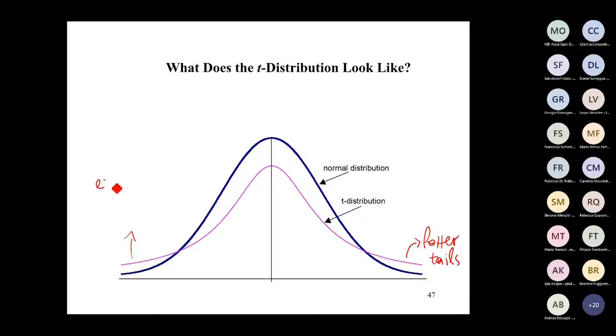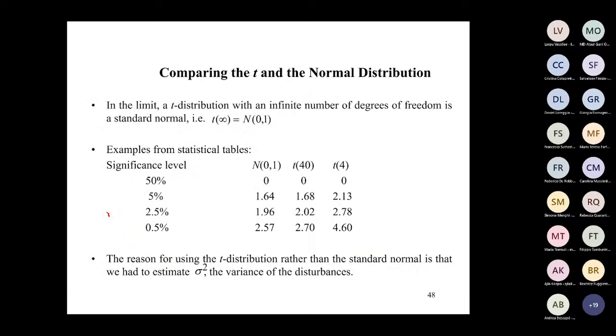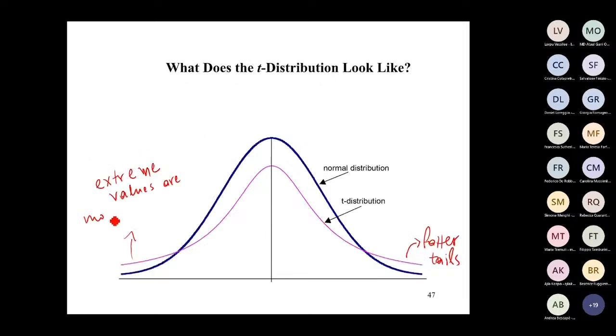So fatter tails means extreme values are more frequent than the normal.